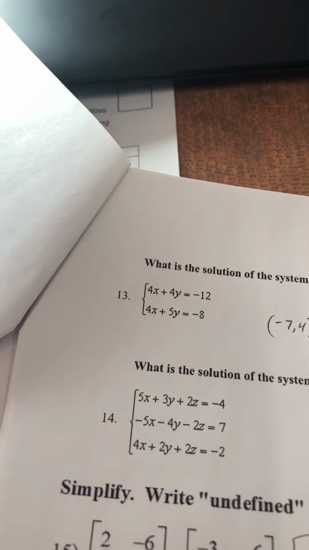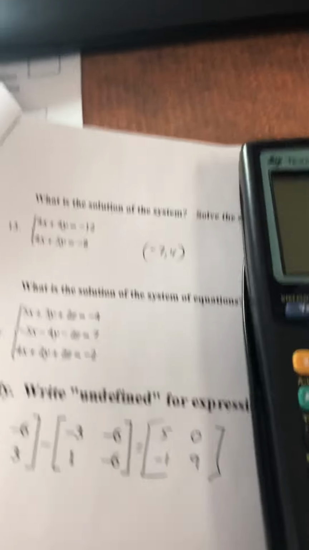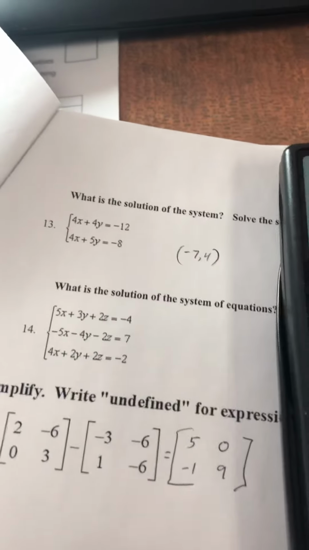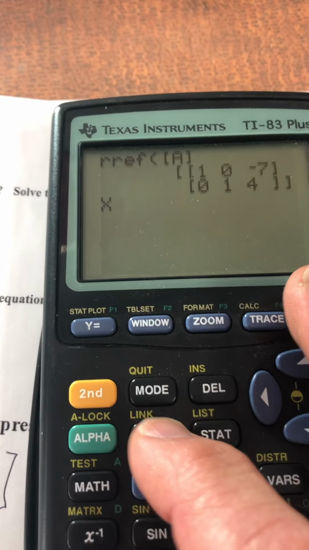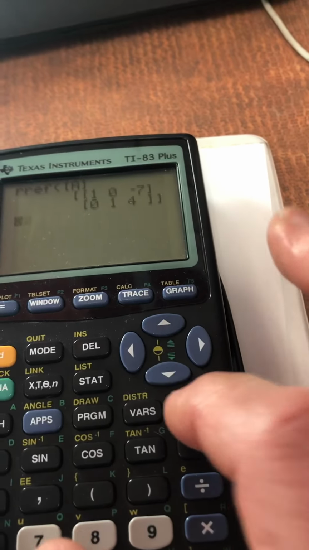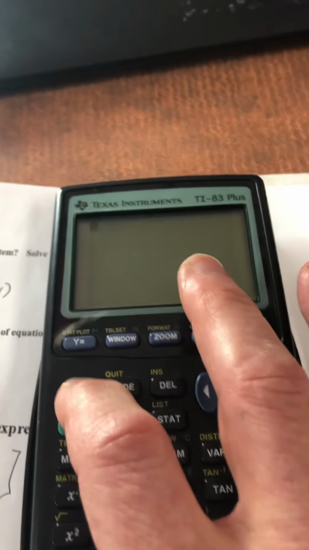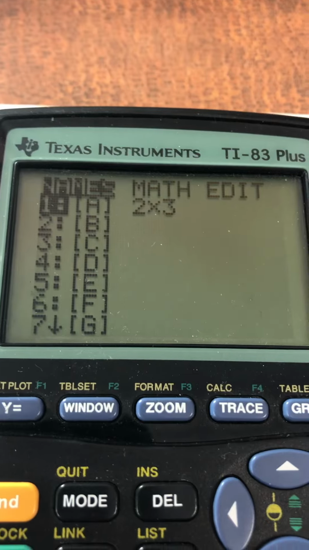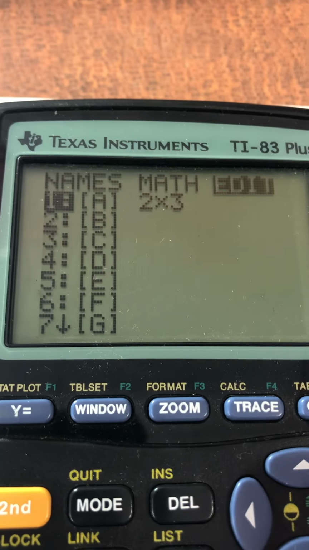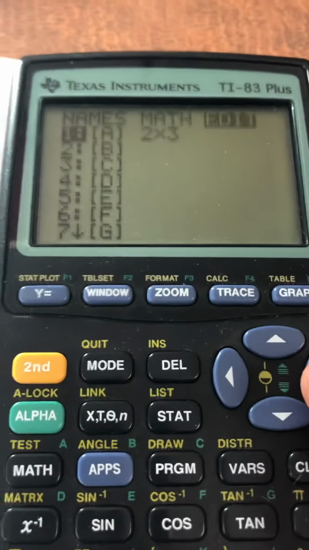For number 13, going into the calculator. Let's go into the calculator. Let me go into my matrix. Okay. And you want to go into edit. So I go over to edit, I enter.